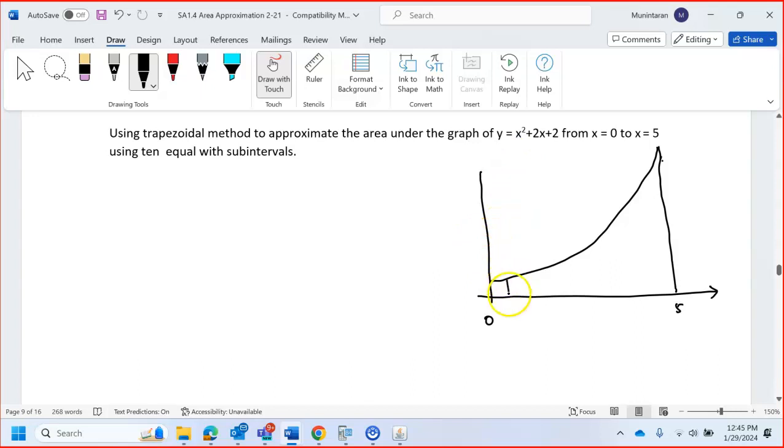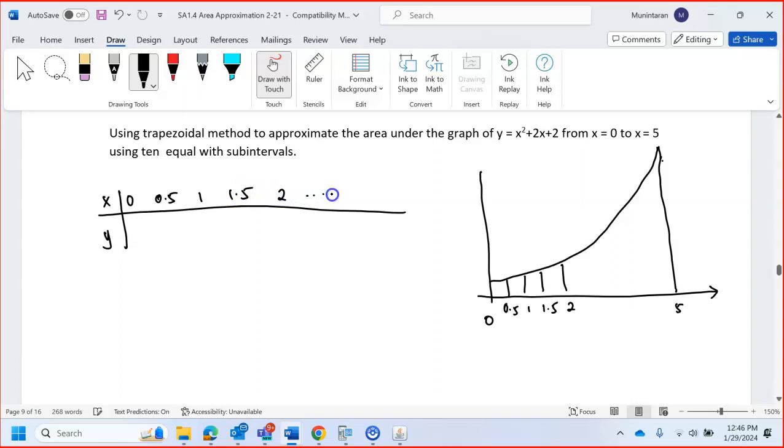So each one should actually be moving 0.5: 0, 0.5, 1, 1.5, 2, and so on. Similarly, you're going to do your table. Your x and your y will be 0, 0.5, 1, 1.5, 2, and so on until 5.